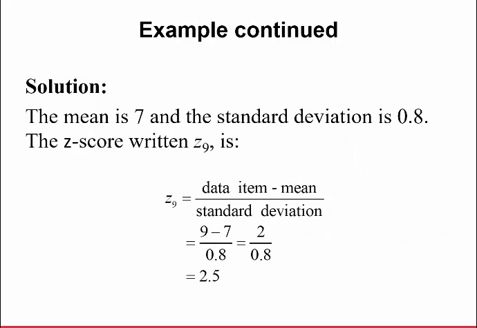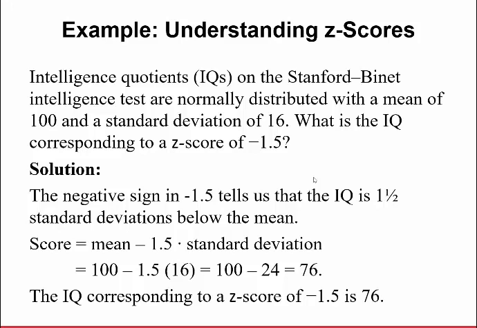So we'd write Z sub 9, the Z-score for the value of 9, which is the data item minus the mean divided by the standard deviation. This is 9 minus 7, which is 2. That's the data item minus the mean. If you divide 2 by the standard deviation, 0.8, you get 2.5. And that's it. All this is saying is that if a baby is born that weighs 9 pounds, it is 2.5 standard deviations above the mean. That's all that's telling us there. All right, let's do another one.